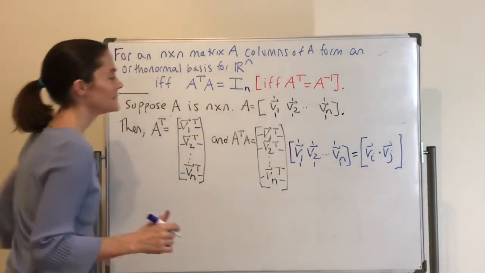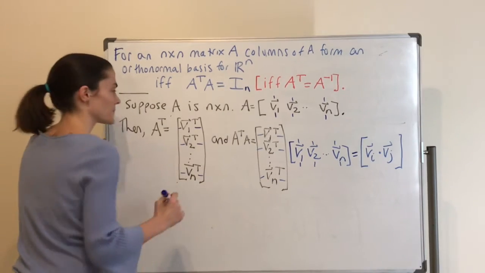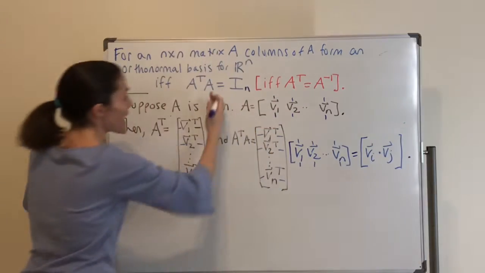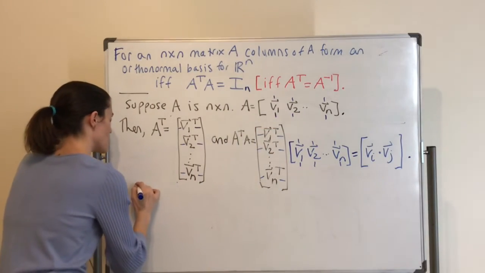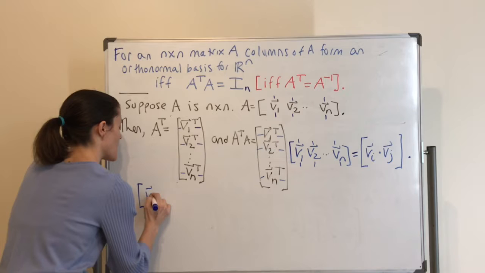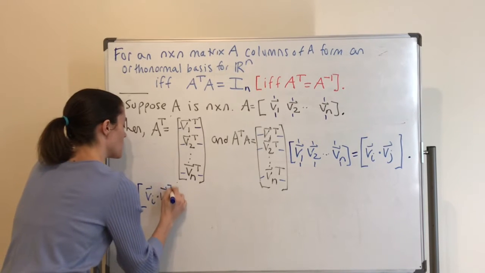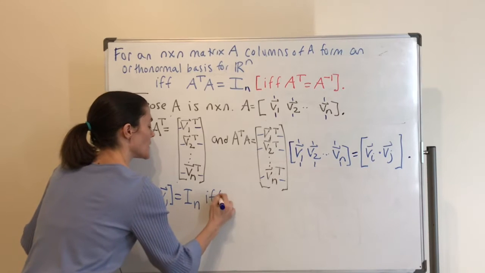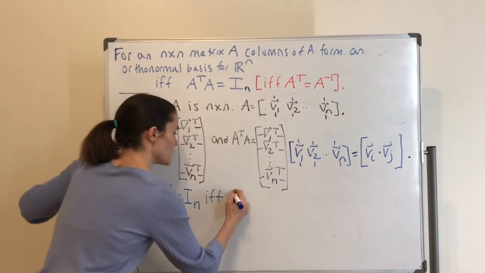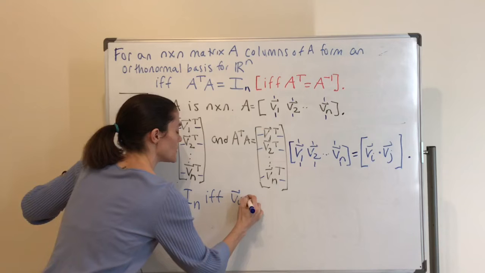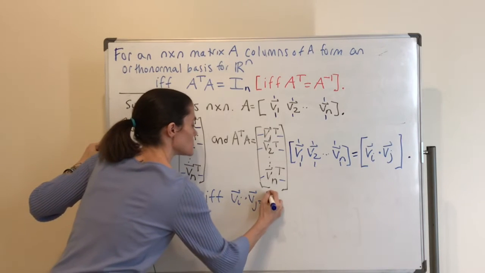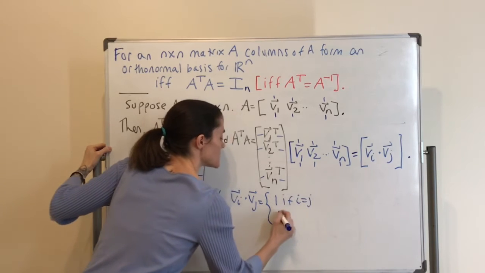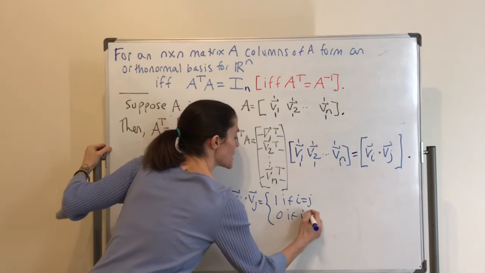We can see. And so far, this is just calculation, but now I have an if and only if. And so this matrix, vi dot vj, equals the n by n identity if and only if vi dot vj equals 1 if i equals j, and 0 if i is not equal to j.